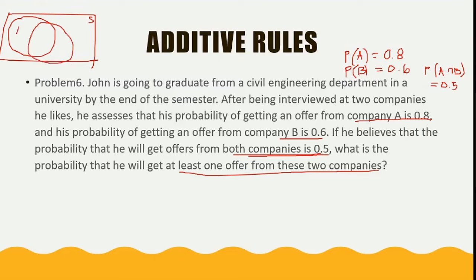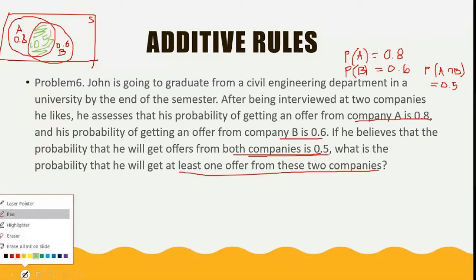Anyways, this is A and this is B. A has 0.8 probability to give an offer. B has 0.6 probability to give an offer. And the area in between is 0.5, the intersection of A and B. So these are the given values in our problem.